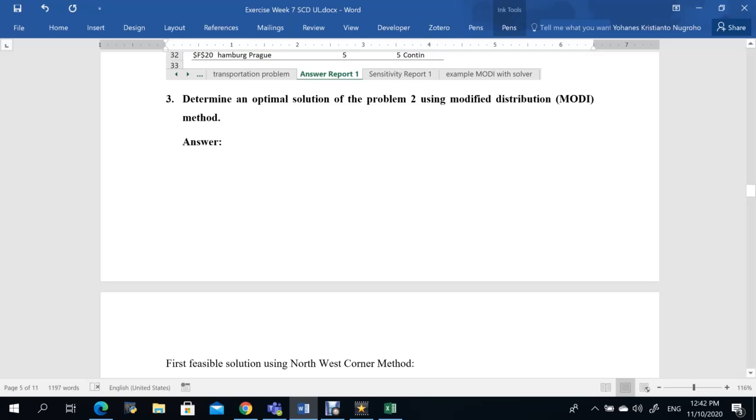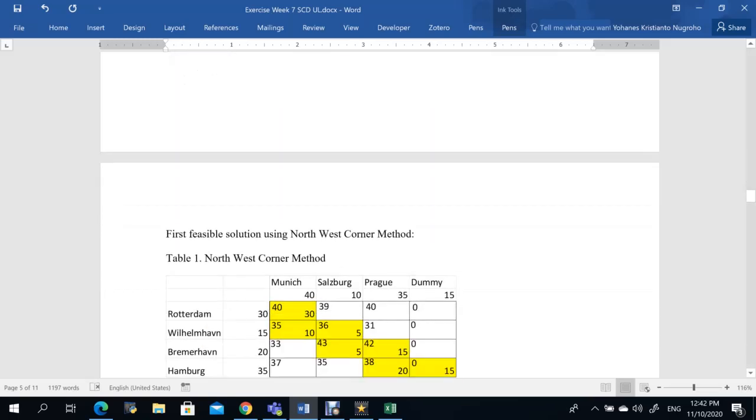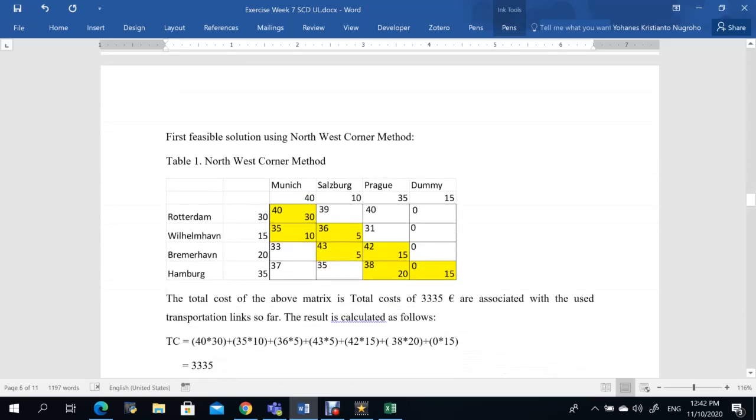In order to solve the problem using MODI, first we have to find a feasible solution using the northwest corner method. So what is the northwest corner method? It starts from the north and goes down until we finally arrive at the final destination in the west, right?